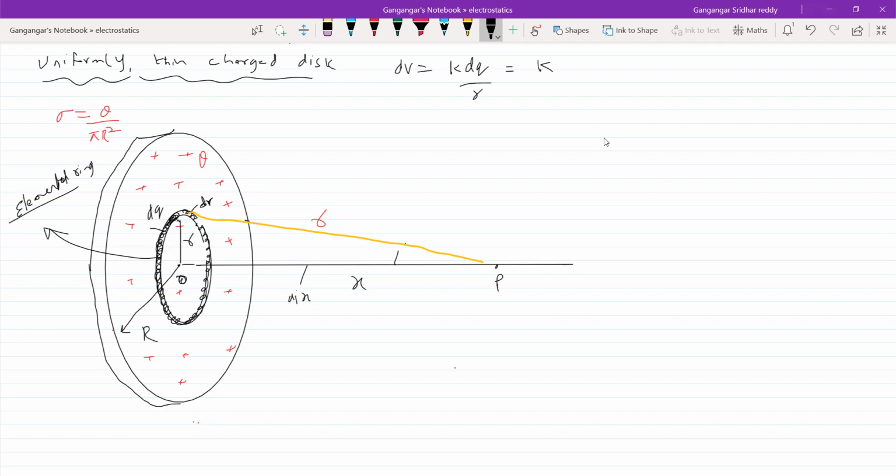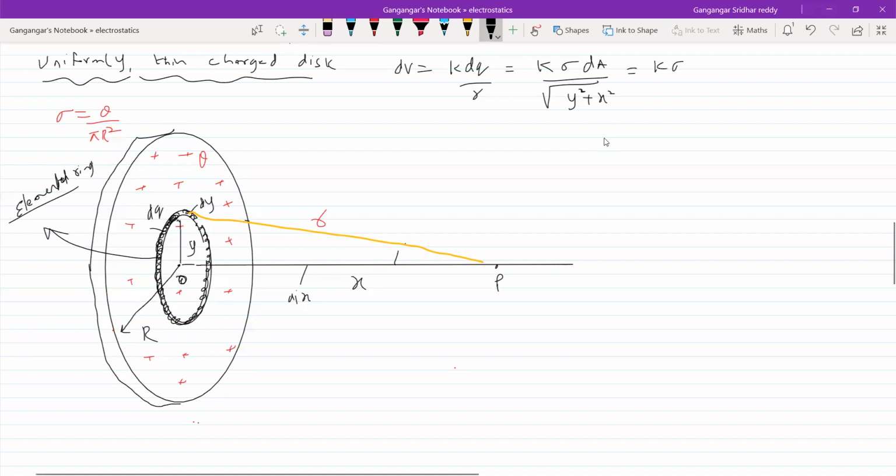So further, what is dq? Sigma into the area of that. And this distance should be equal to root of y square plus x square. What is dA?